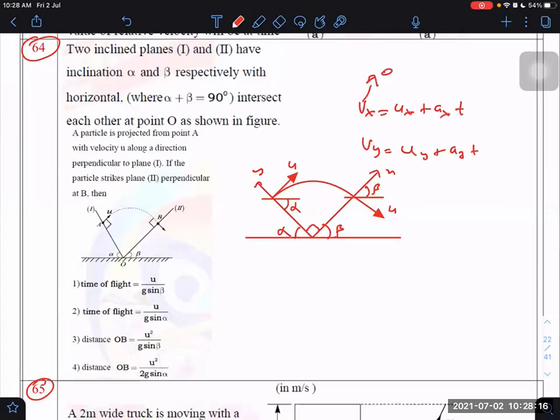But along the y-axis, the initial velocity is 0. And what is the acceleration? This is g vertically downwards. The acceleration along the x-axis is g in 90 minus beta, so this will become g cos beta. Along the y-axis, it is g sin beta.